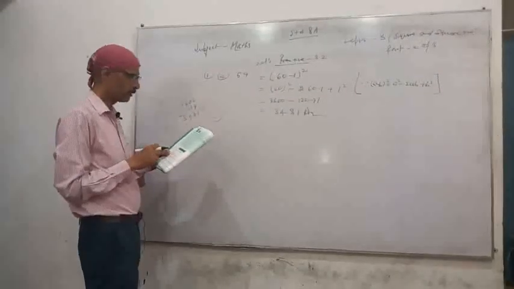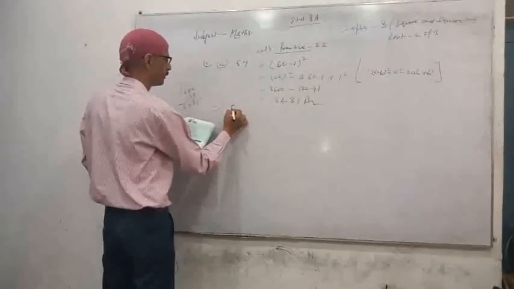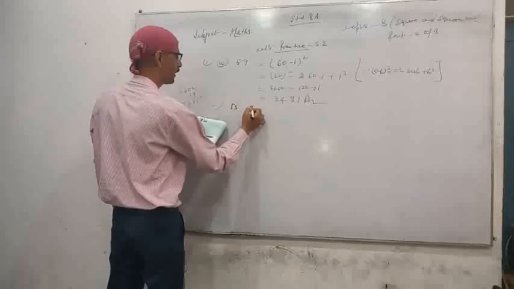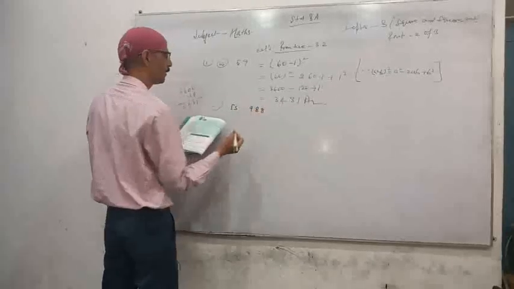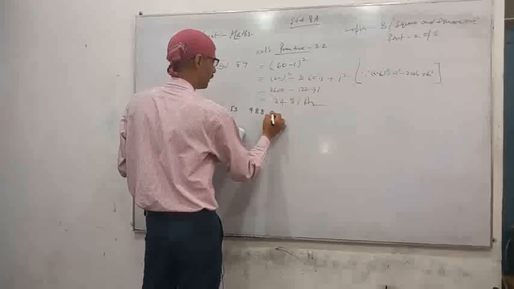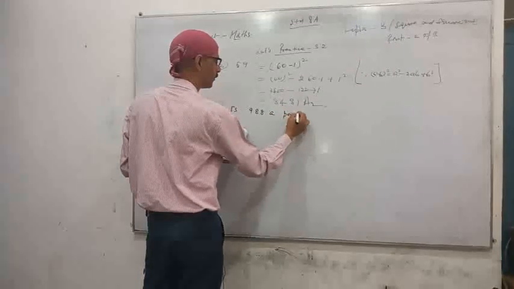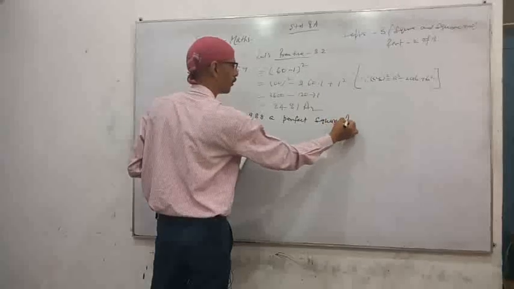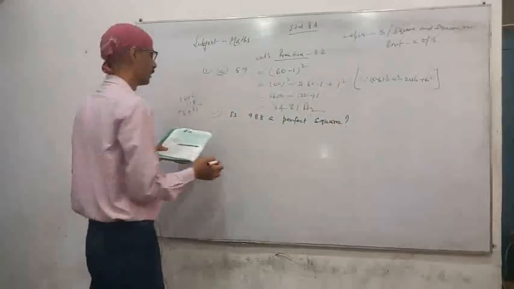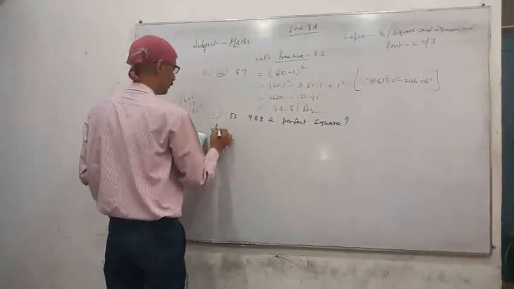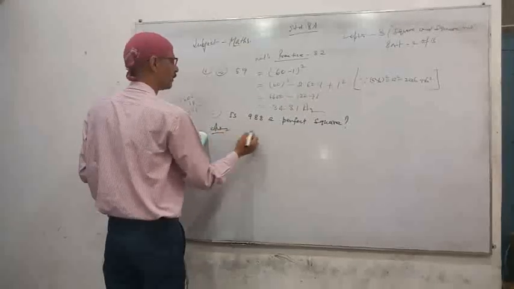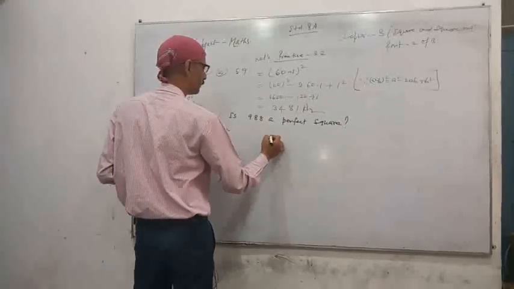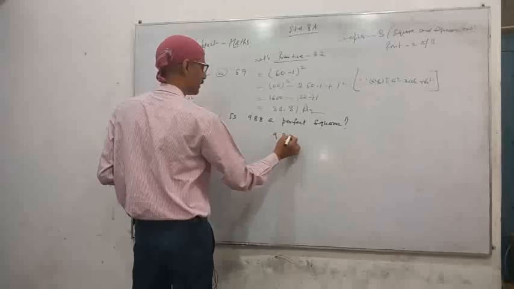Now, question number 2. Is 988 a perfect square? You have to check the prime factors of 988.